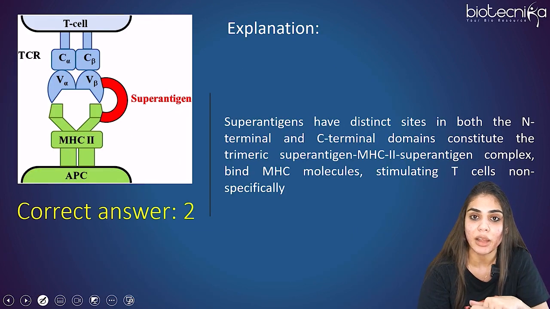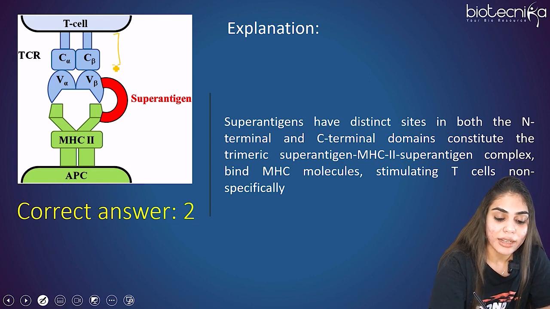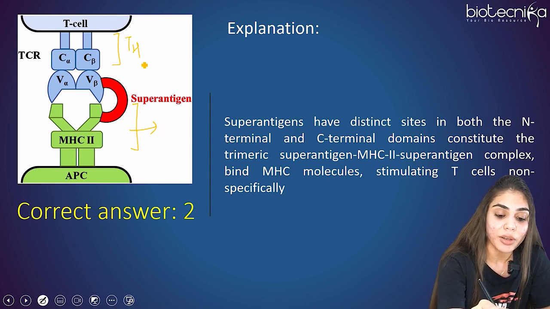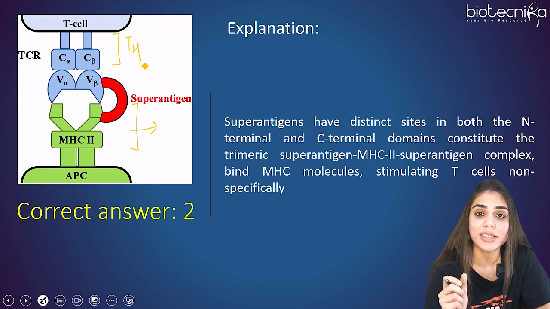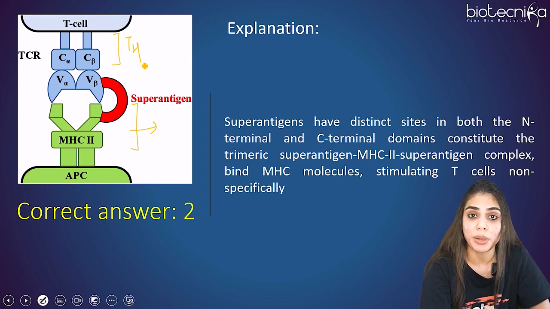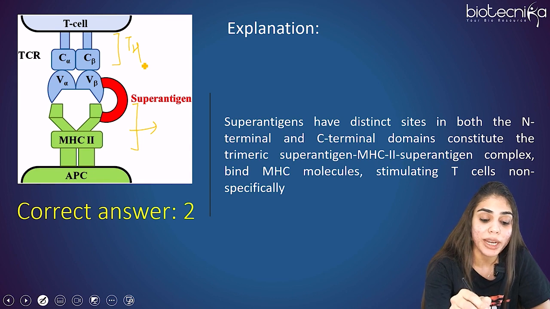You can see this diagram for superantigen: this is the T cell receptor and this is MHC class II. MHC class II presents the peptide to the T helper cell, because a TC cell recognizes peptide when it is bound to MHC class I, and a T helper cell always recognizes peptide when it is bound to MHC class II. So superantigen will bind to these MHC molecules.